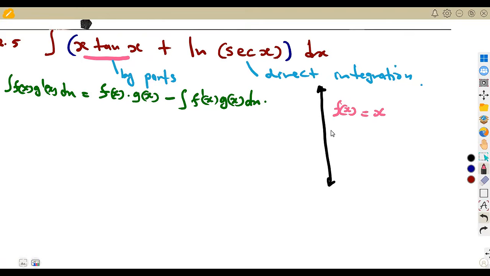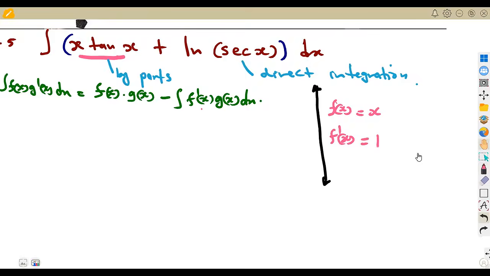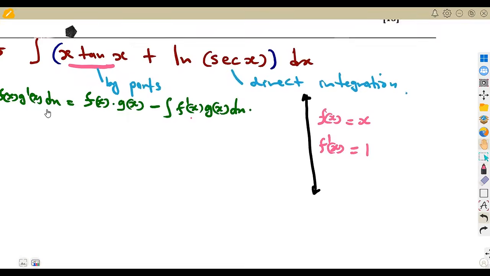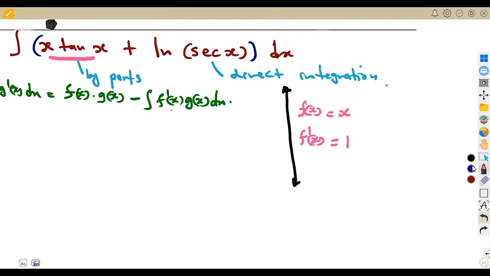If f of x is equal to x, what will be the derivative? Because we need the first derivative in our by parts formula. The first derivative of x is 1. We move on to tan. The tan is the remaining part, g prime x dx.